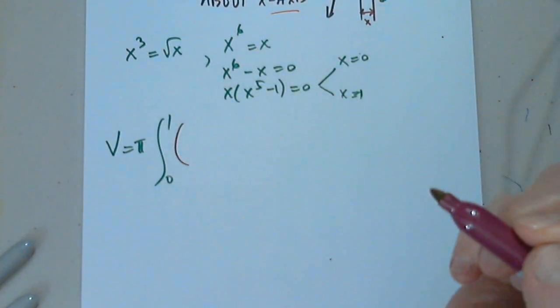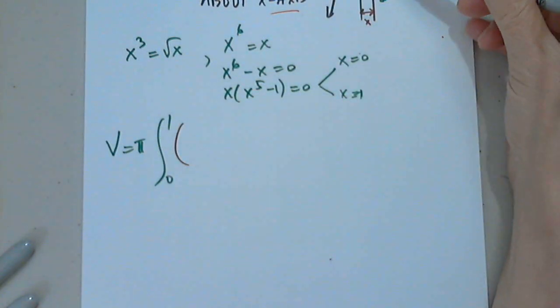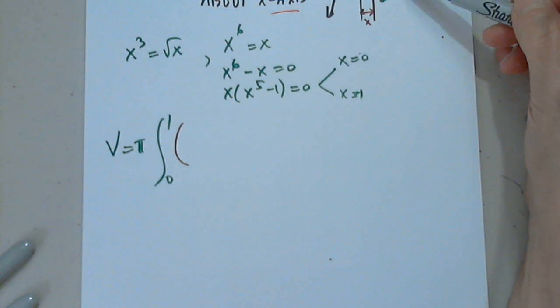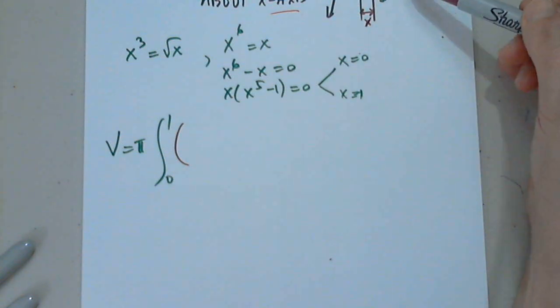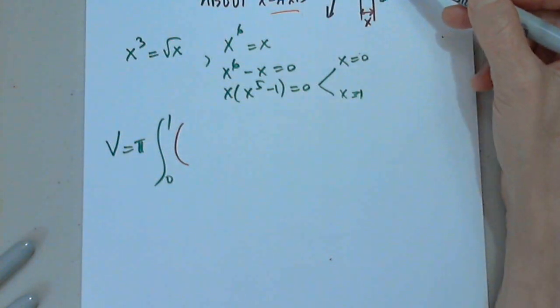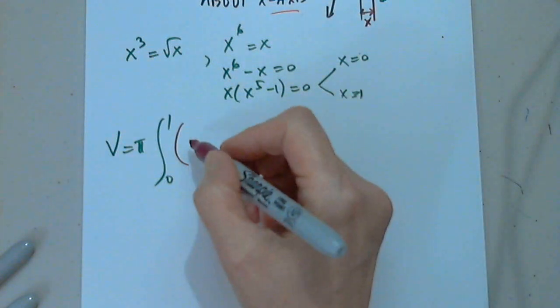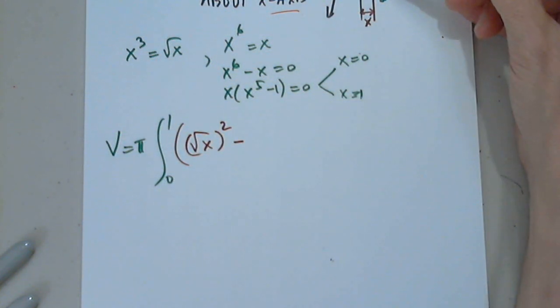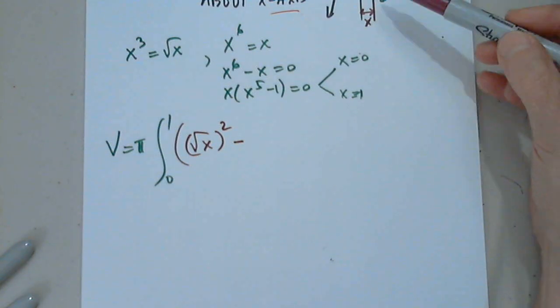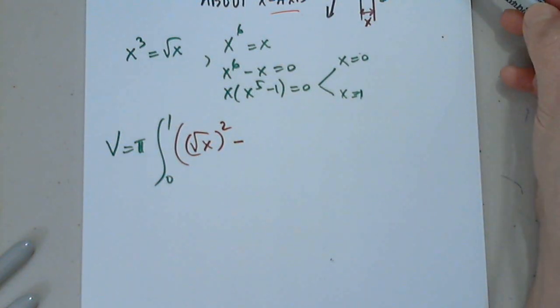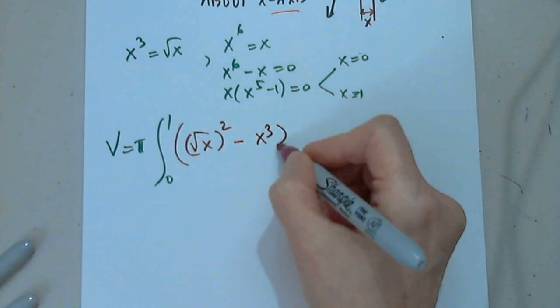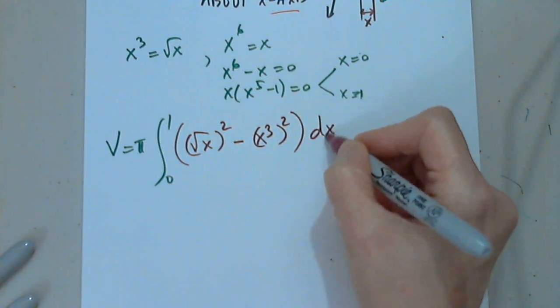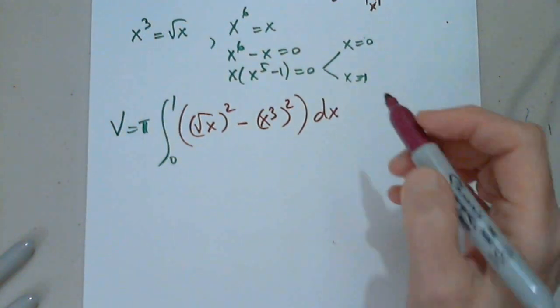So in parentheses, R1. What is R1 for this particular x value? Well, it lies on the square root of x. So it would be the square root of x, everything squared, minus R2. Well, R2 lies on x cubed. So it will be x cubed, everything squared, and of course, dx. Good.